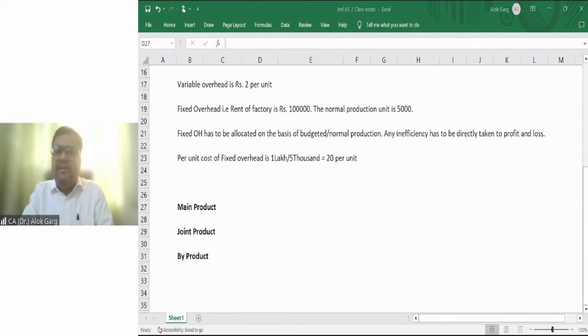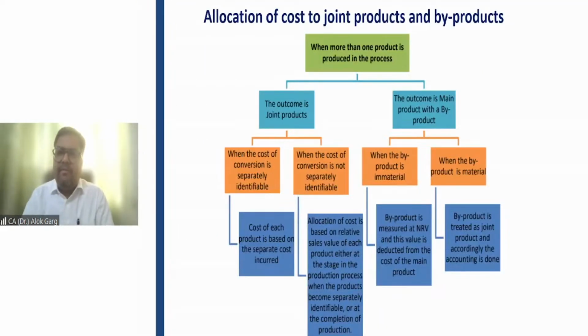So friends, let me go back to my presentation. Now think about a company which, when producing its main product, is getting a joint product and a byproduct.